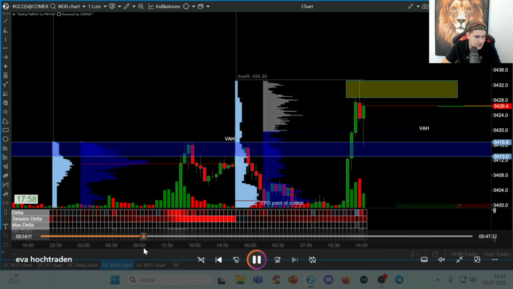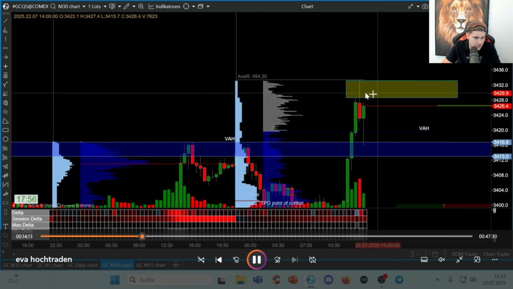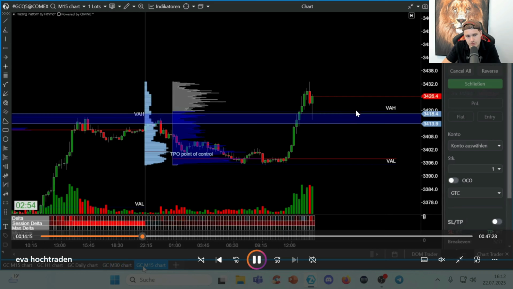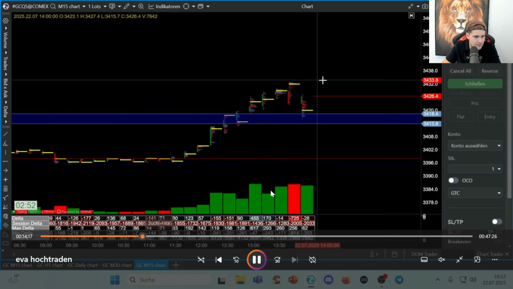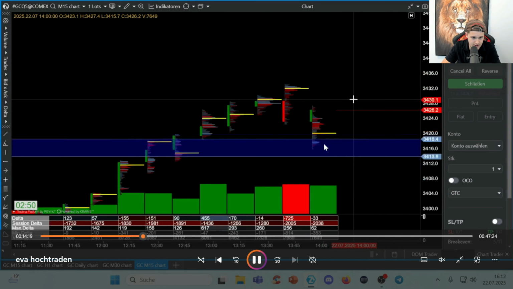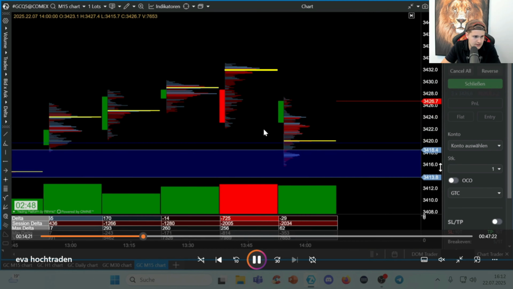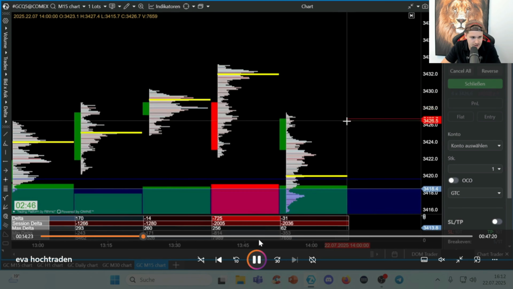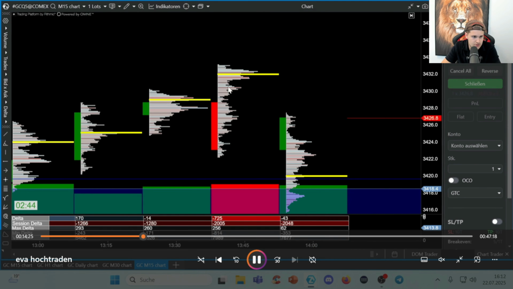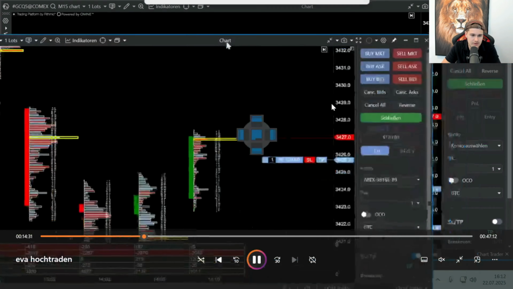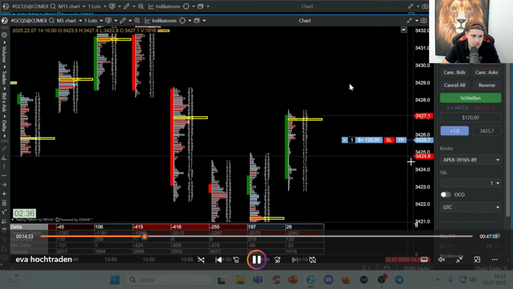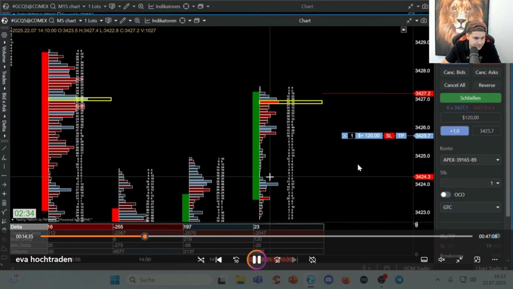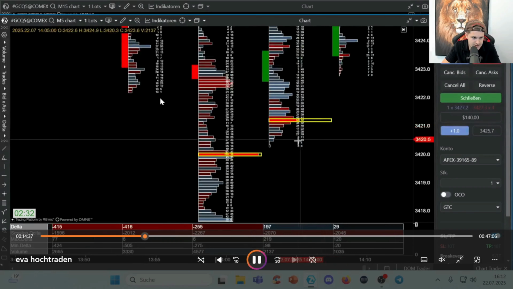Okay, so you can see the market did its reversal, also more than 40 ticks, but then what happened is that we had a fake down here. We grabbed liquidity. You can also see in the footprint chart in the delta that this is not the end of the day high, because we have probabilities for that, and end of the day high usually forms with a double top or double bottom, and this was not the case in our scenario.